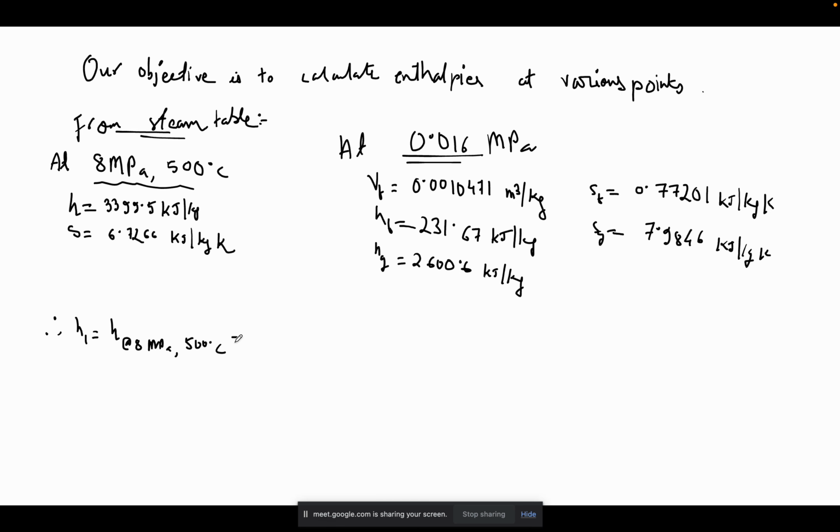And similarly S1 will be equal to S at 8 megapascal and 500 degrees Celsius.